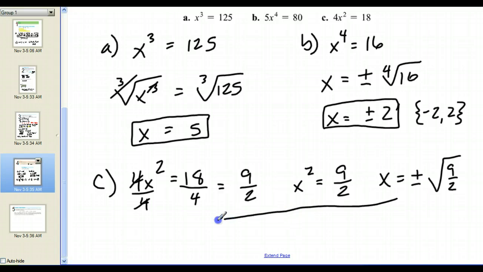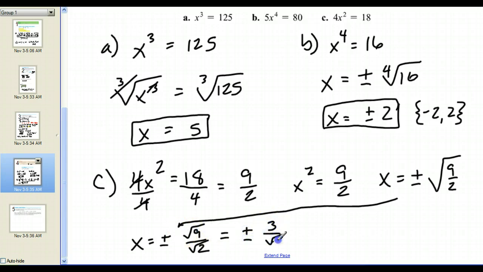Alright, coming down here, x equals plus and minus the square root of 9 up top. Let me show you this. I can split that up into the square root of 9 over the square root of 2. That equals plus and minus the square root of 9, which is 3, over the square root of 2.